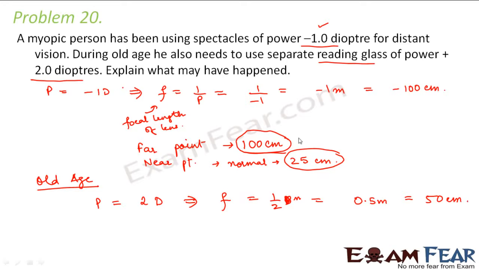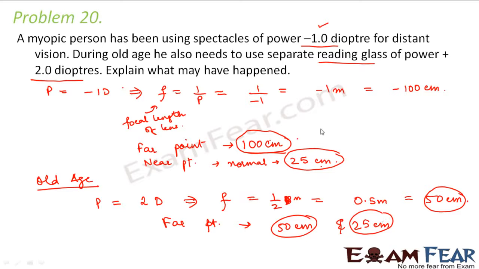Earlier he was able to see the objects lying between 100 centimeter and 25 centimeter, but now his far point got reduced. So now his near point has also changed to 50 centimeter. So now the lens has the capability of changing between 50 centimeters and 25 centimeters.